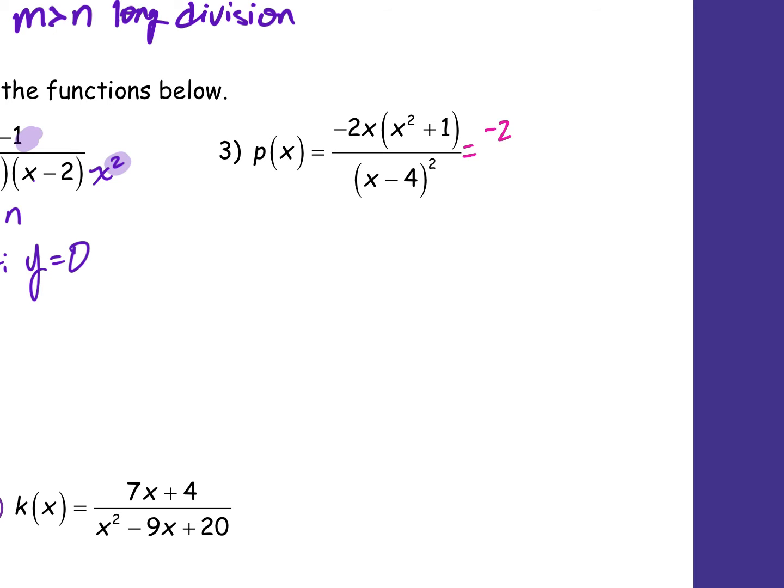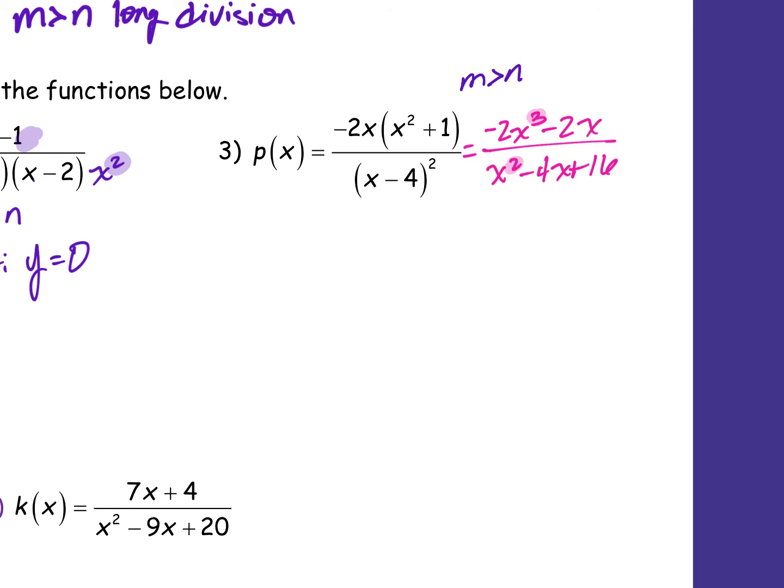So I've got negative 2x cubed minus 2x on top, and if I multiply out the bottom, I get x squared minus 4x plus 16, I believe. So I've got a 3 on top and a 2 on the bottom. One more time, m is greater than n. That leads us to long division. So excited.